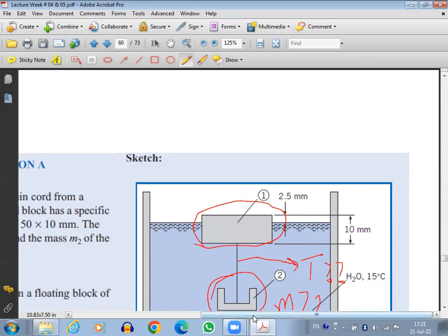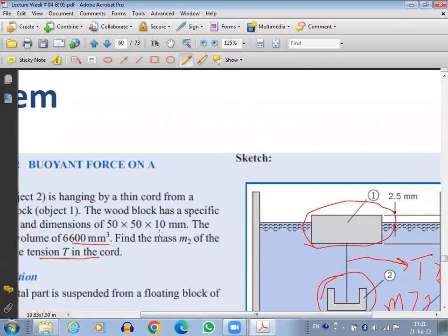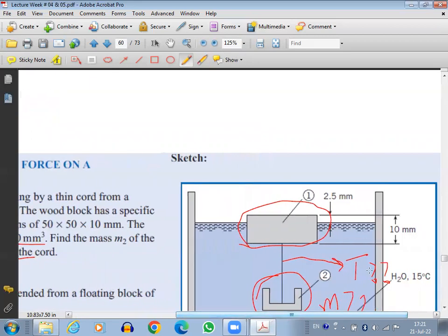And this is basically 50 by 50 by 10. So this 10 millimeter is this distance here. Out of 10 millimeters, 7.5 millimeters is dipped. So basically, what is the volume dipped? 50 by 50 by 7.5. 50 by 50 by 7.5 is the volume of the block which has displaced water. The remaining 50 by 50 by 2.5 is still above water.